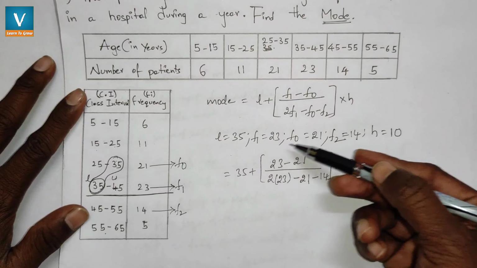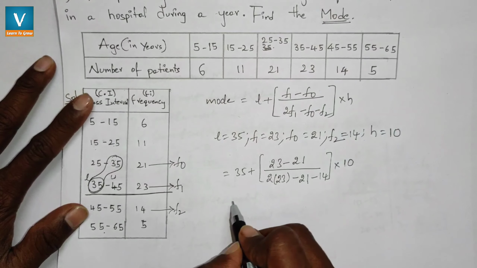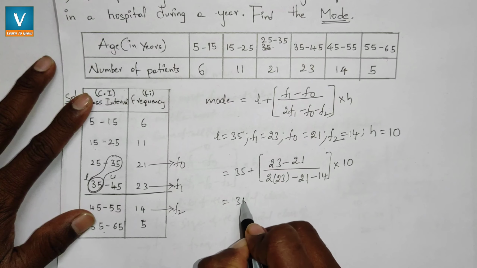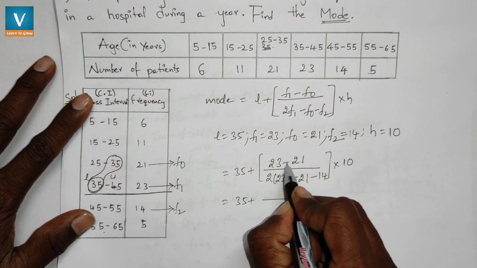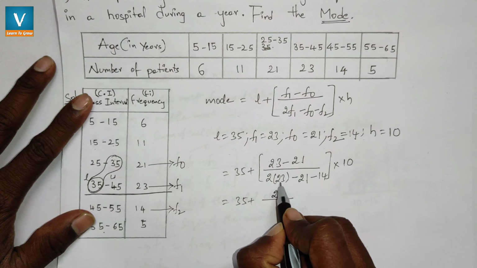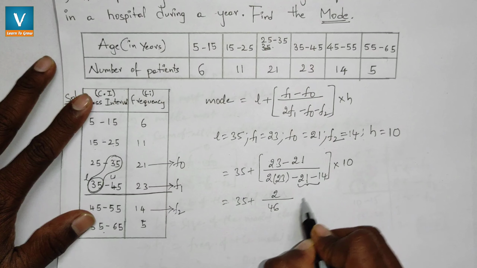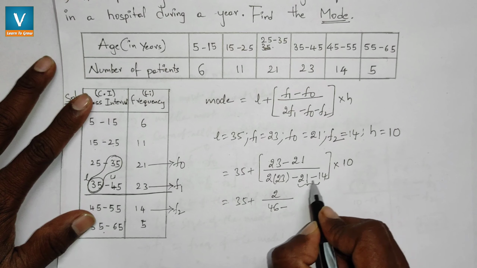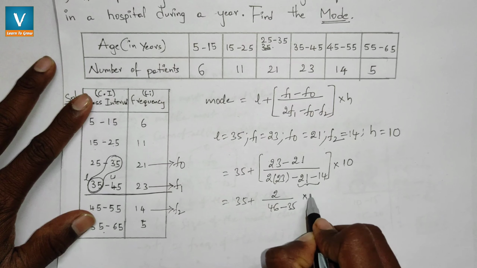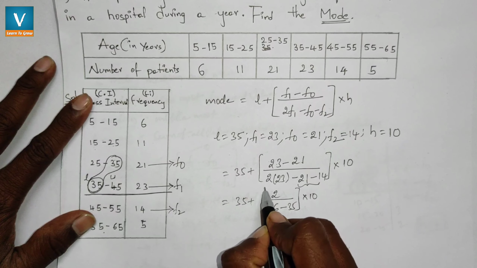Okay, I replaced all the values in the formula. Now this equals 35 plus subtraction: 23 minus 21 is 2, by 23 times 2 is 46, and the two negatives we can add: 21 plus 14 is 35, into 10.